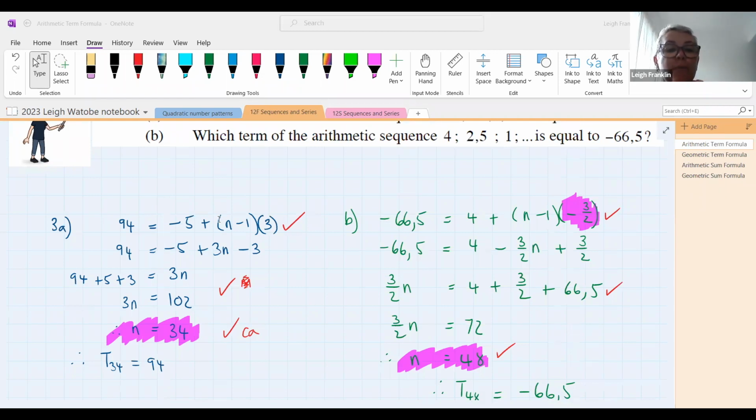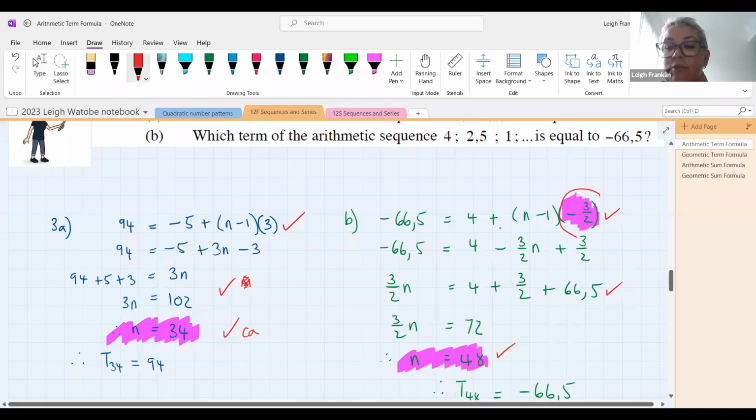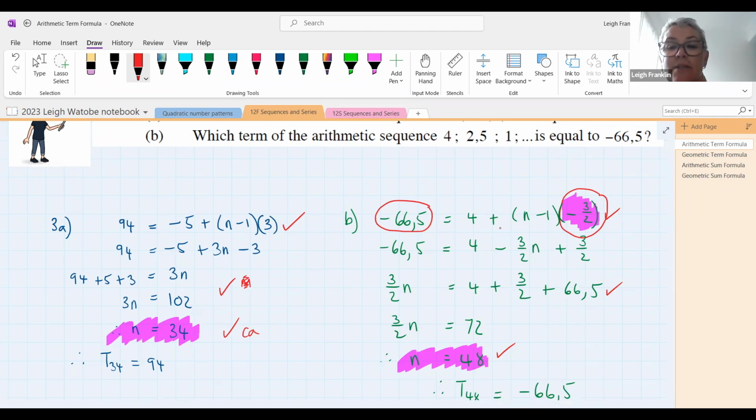Okay, so Kamugelo, what is it about question B that you don't understand? You're allowed to unmute and talk to us, Kamugelo. Absolutely. A fraction. So in other words, your difference here has been written as a fraction. And over here, your TN has been written as a decimal fraction. So this is an improper fraction.